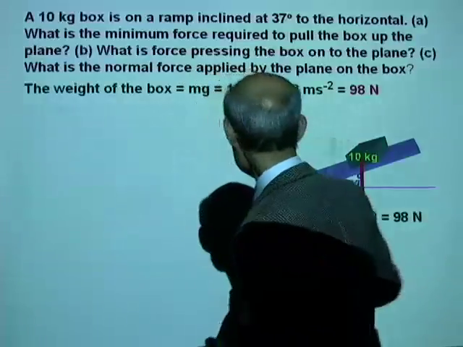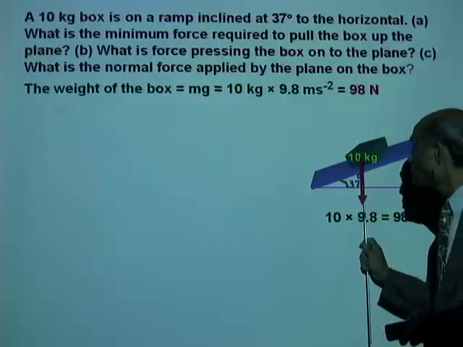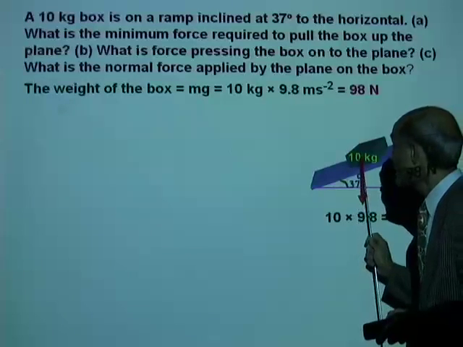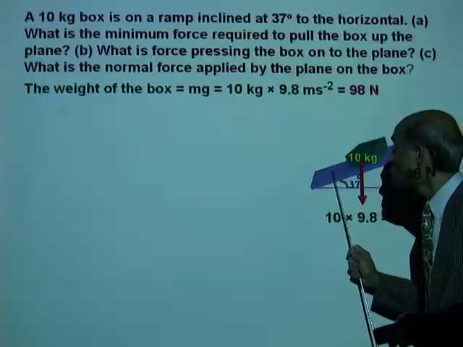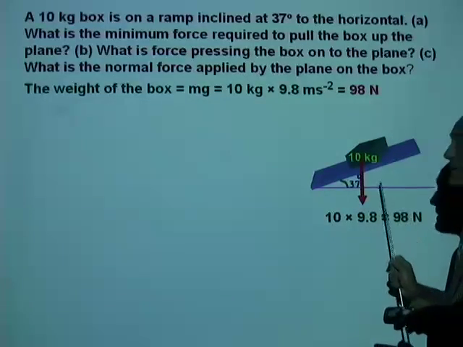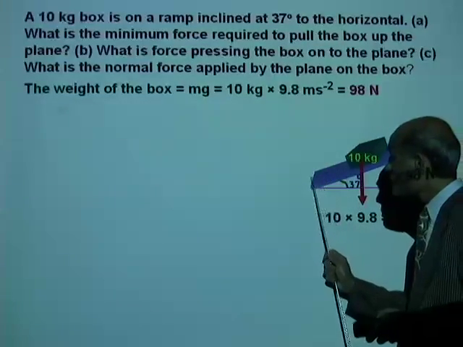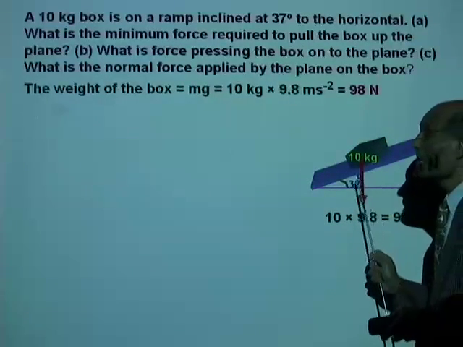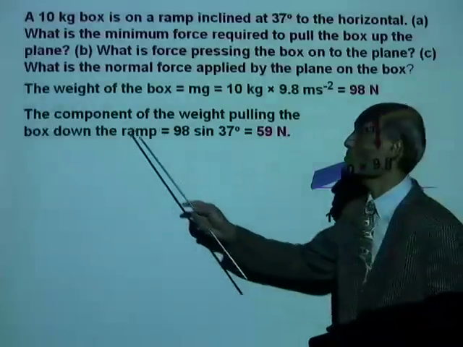Well, this 98 Newton now has two components. What are they? There is a component mg sine theta down the plane and mg cos theta at right angles to the plane.